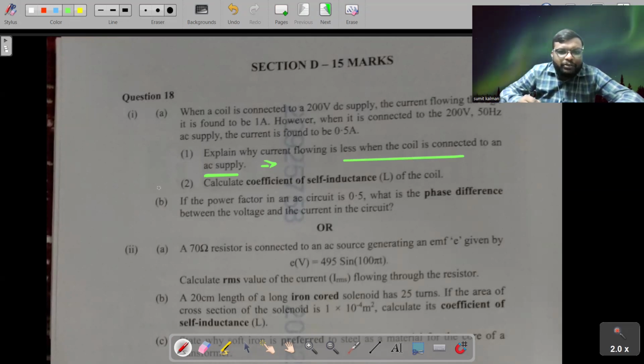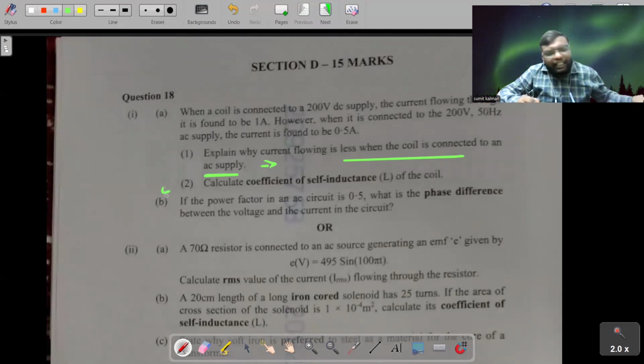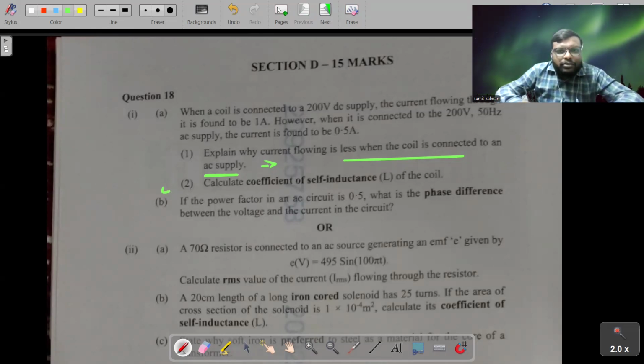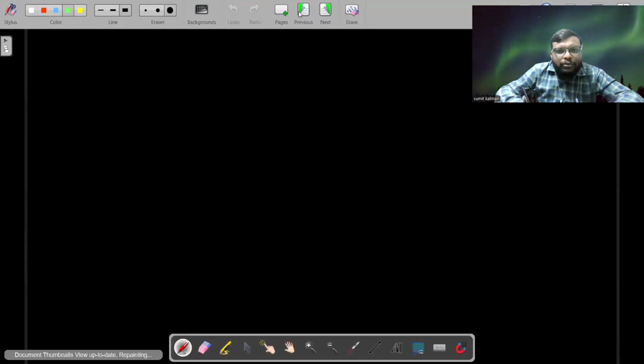And in second part, students, they are asking calculate coefficient of self-inductance, that is L of the coil. So students, we'll proceed for the solution of this problem.